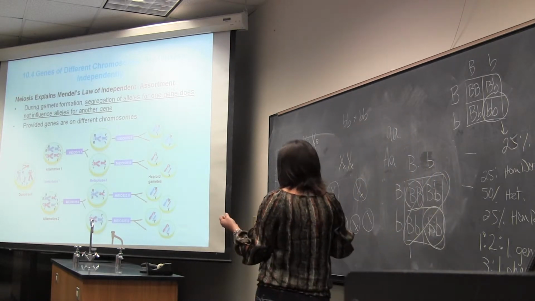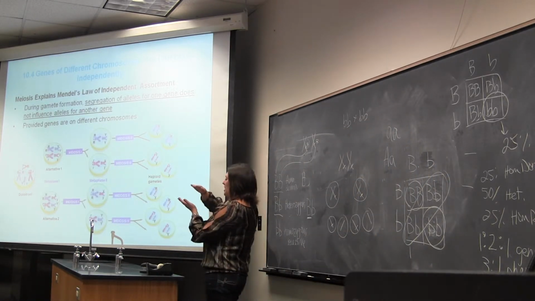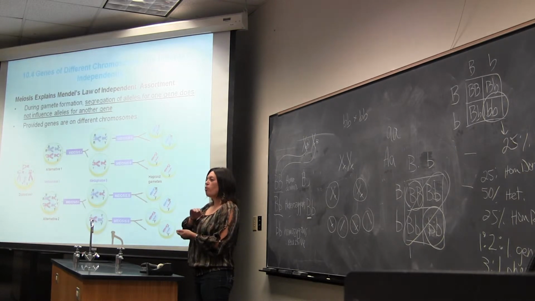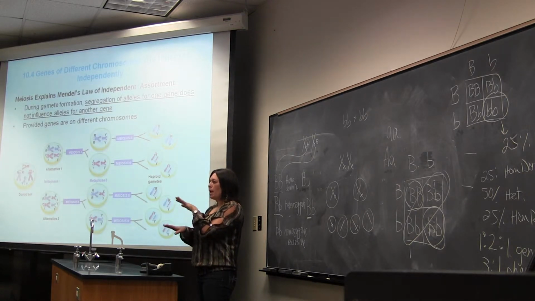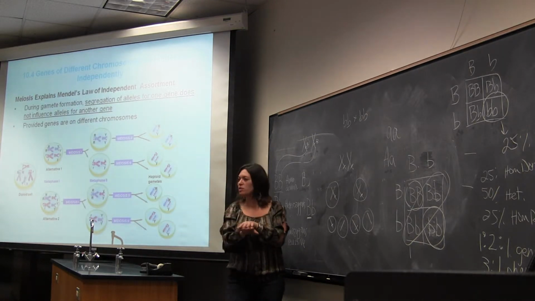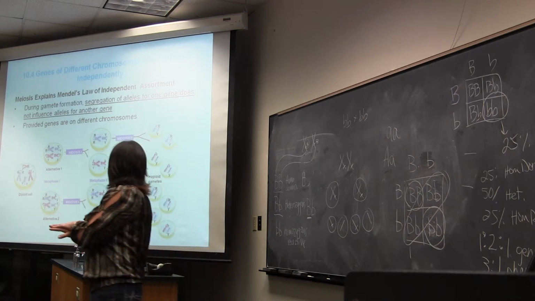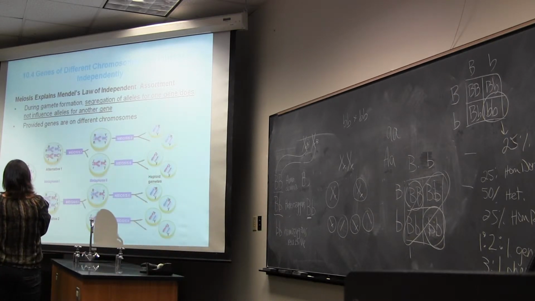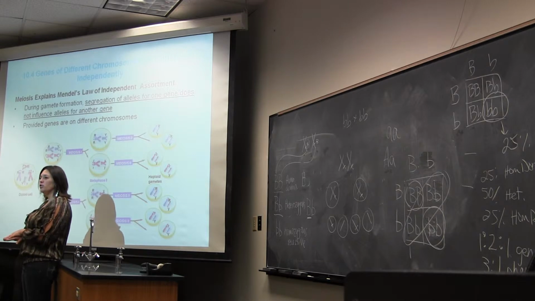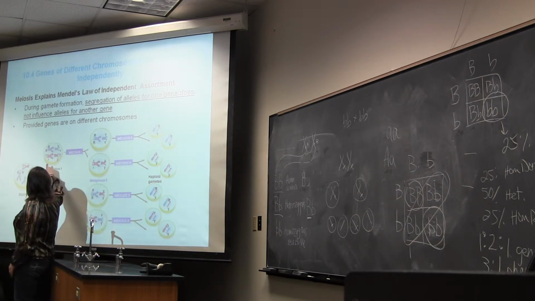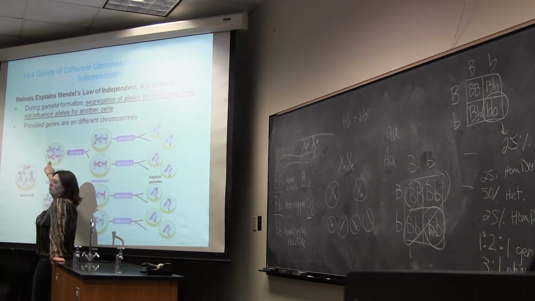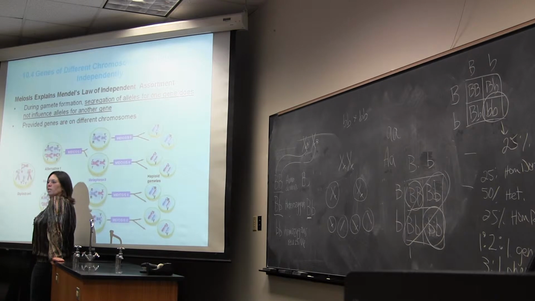The other one was that it depends on how those homologous chromosomes line up at metaphase 1 of meiosis 1. This law that stems from this is called the law of independent assortment.